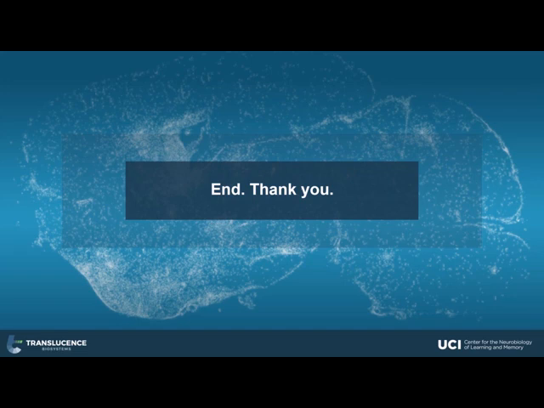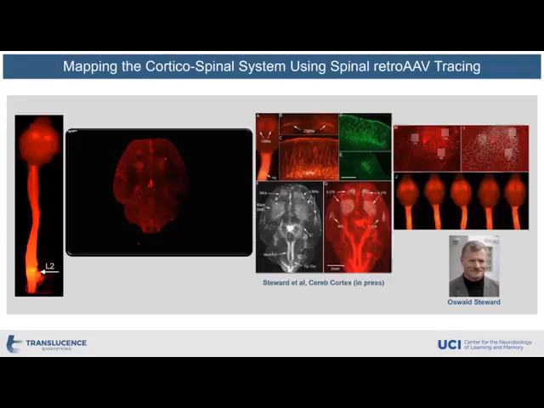Yeah, in fact, the same clearing technology can be used quite productively in the spinal cord. And if you don't mind, let me just share some slides with you. Okay, so we recently completed a collaboration with Ozzie Stewart's lab to look at the motor system using retro AAV tracing to map the circuitry.